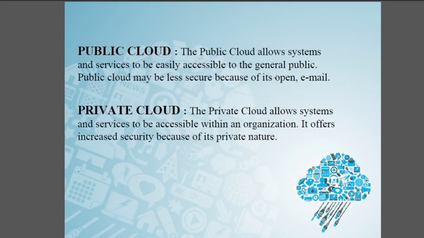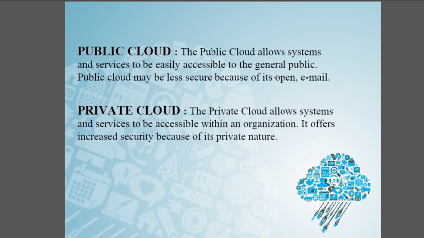Let us see what a public cloud is. The public cloud allows systems and services to be easily accessible to the general public. It is less secure because it is open, like email. These terms are very basic and easy to understand.